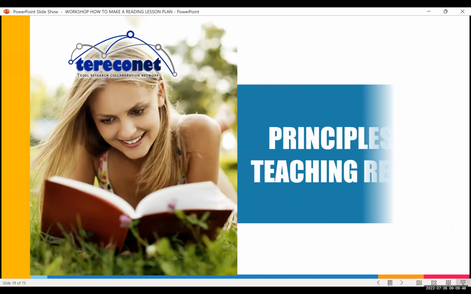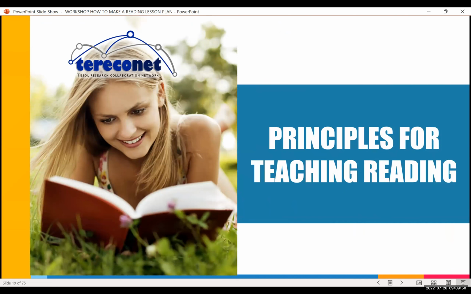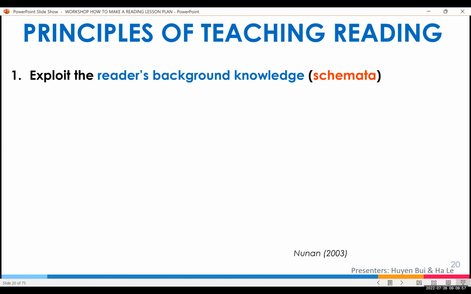Now we will go to the principles of teaching reading. Because we do not have lots of time, I will go through it very quickly. There are 8 principles that I want to mention today. The first one, from the top down, is to exploit the reader's background knowledge.